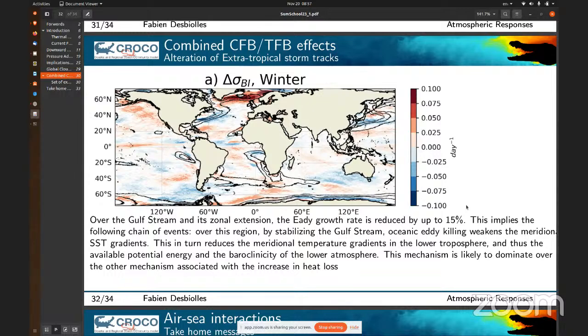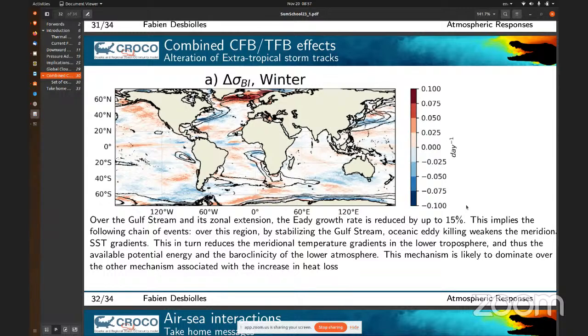And here we see that as a consequence, we actually diminish the storm track in the North Atlantic by about 15%. And over the Agulhas, this is actually shifted because the path of the Agulhas and the retroflexion is not at the same place.